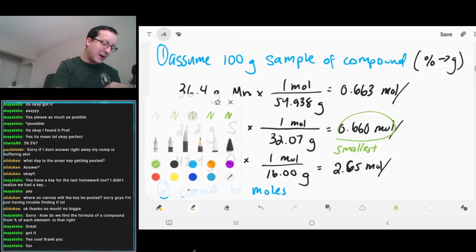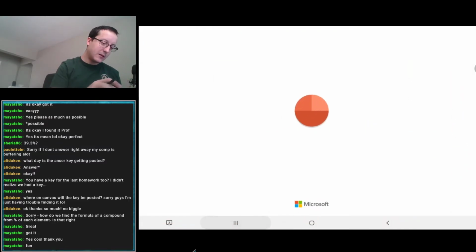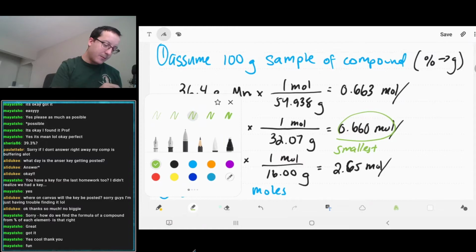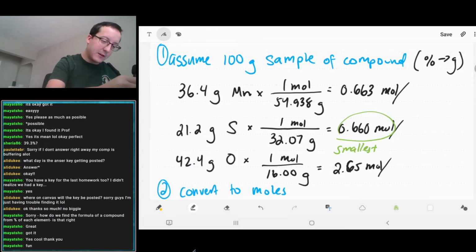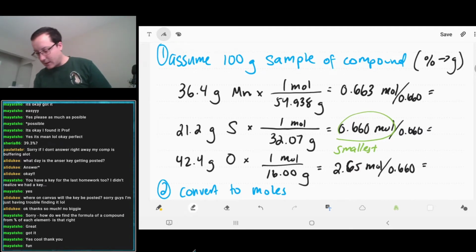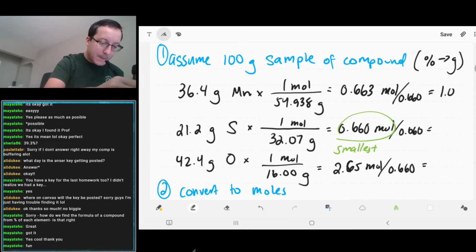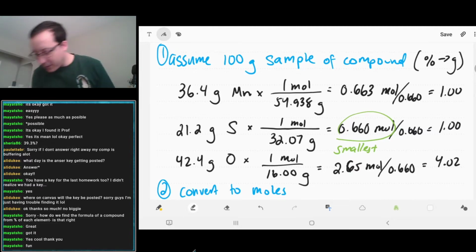So let's go ahead and divide by the smallest number for all of these. And doing this, we'll get about 1 to 1 to slightly above 4.